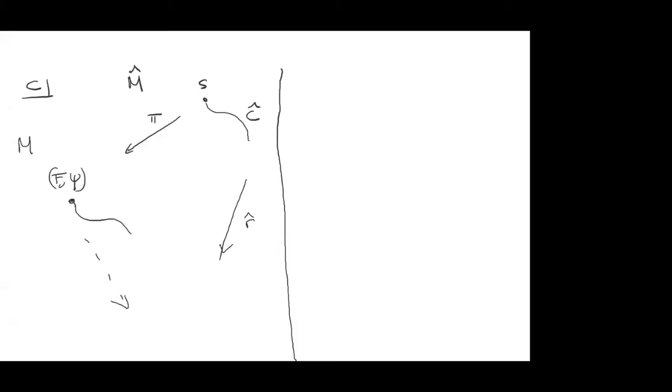Let's switch to blue, it's nicer. So this is C hat, and then we have in the moduli space also a curve. Okay, now the extra difficulty is that this curve is not constant.